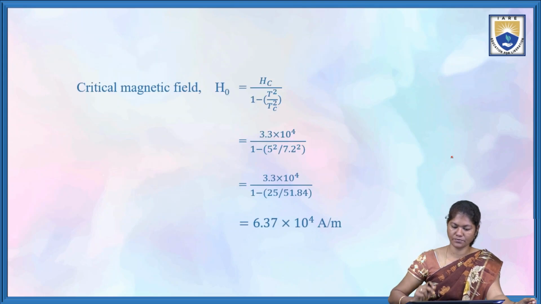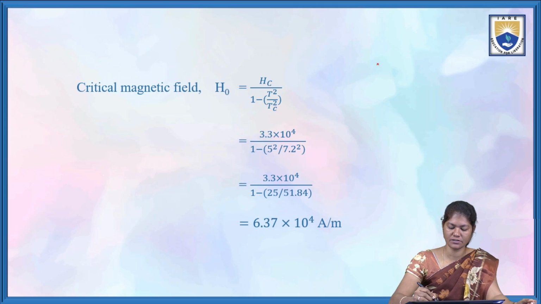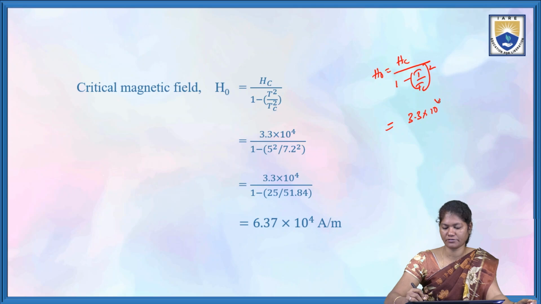So we will get H naught is equals to Hc by 1 minus T by Tc square. So 3.3 into 10 power 4 divided by 1 minus 5 by 7.2 square.